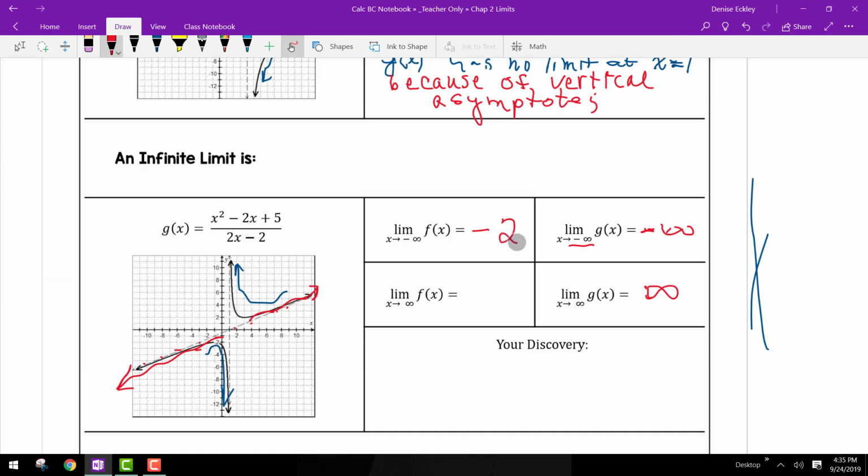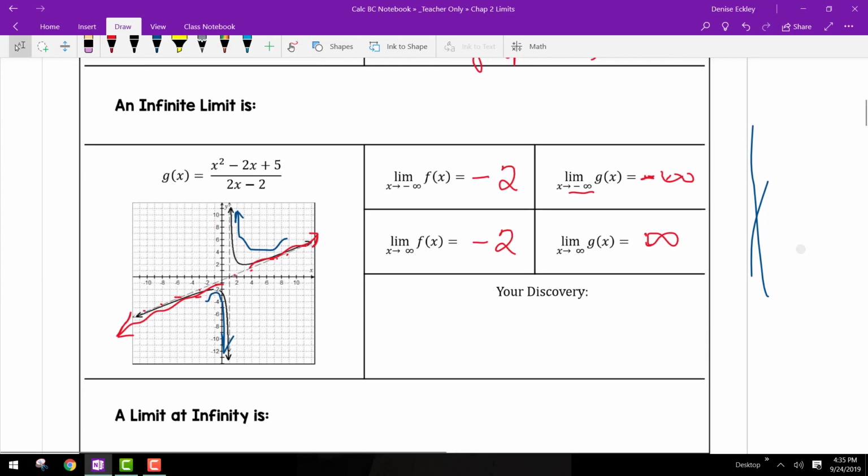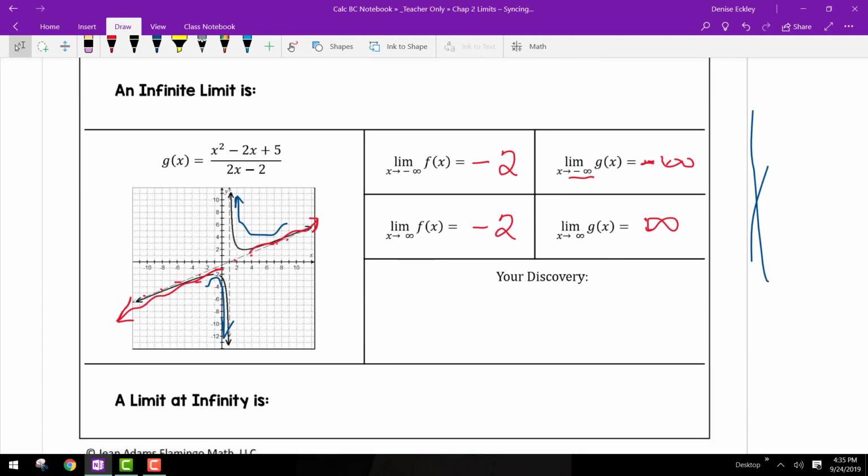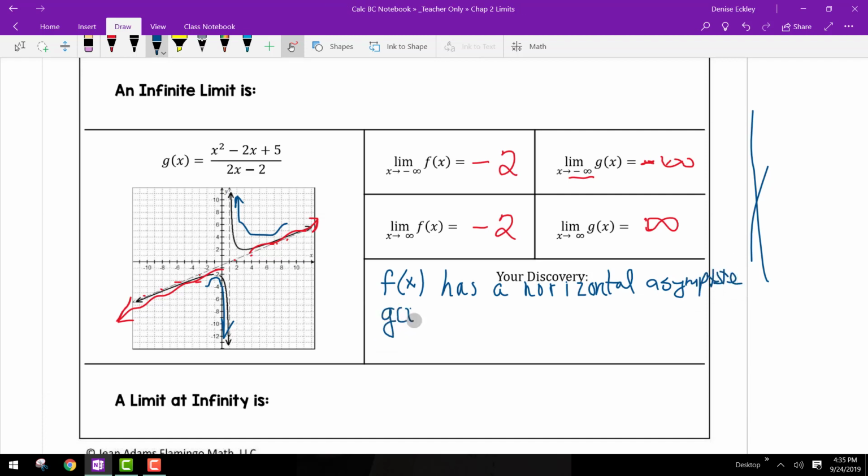So we have -2, -2. So our discovery is the fact that we have a horizontal asymptote for f of x and g of x has a slant asymptote.